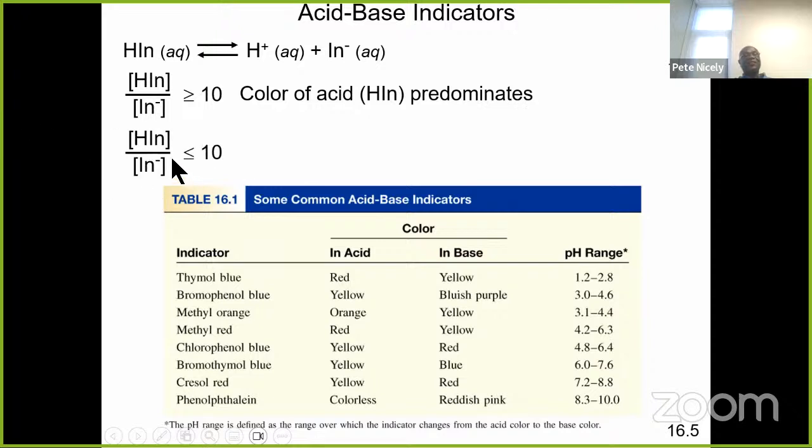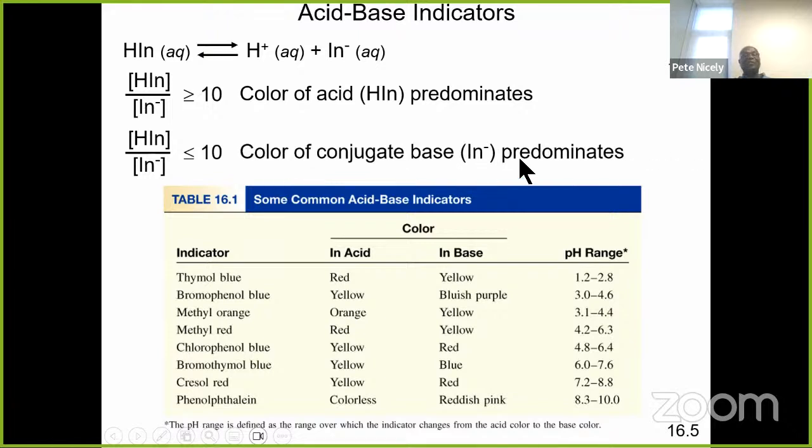On the other hand, if the ratio of the acid molecule to the conjugate base is less than or equal to 10, then the color of the solution would be based on the color of the conjugate base. What you see down here are some indicators and their colors in acid or base.